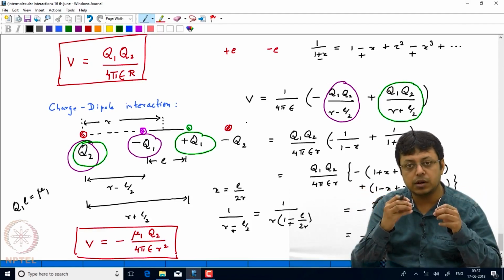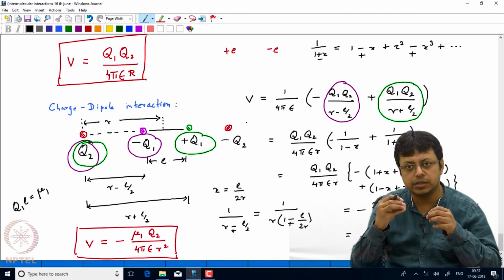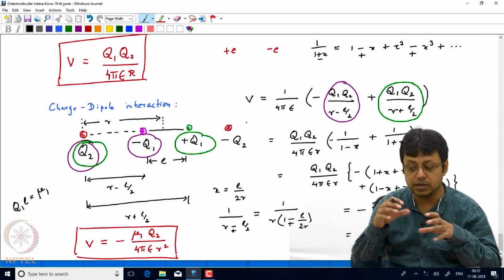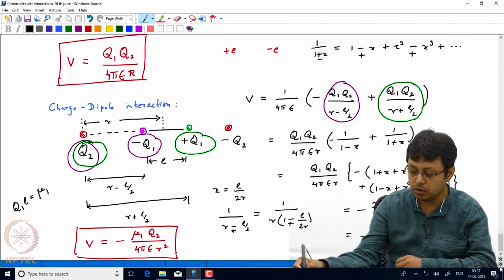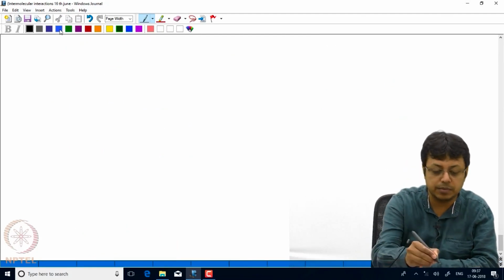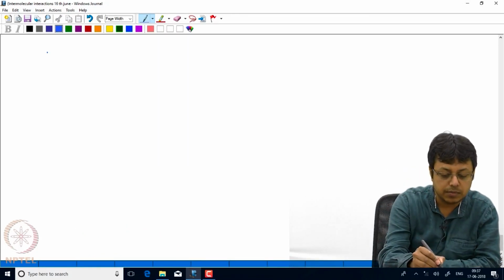So we first talked about charge interaction, which is already known to you, then the monopole and dipole interaction, which we just described, and now the most important thing, which is the interaction between two dipoles. So we will now discuss dipole interaction.